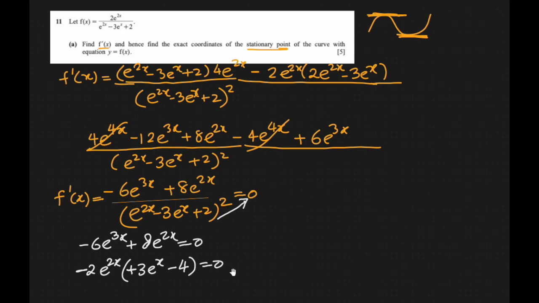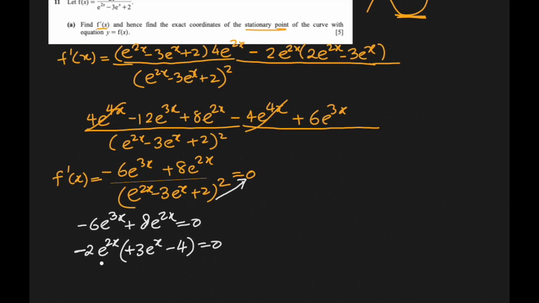So this gives us two possible answers. One is minus 2 e to the power 2x could be 0, or 3 e to the power x minus 4 equal to 0. e is a constant. No matter what power we give to it, it will never become 0.